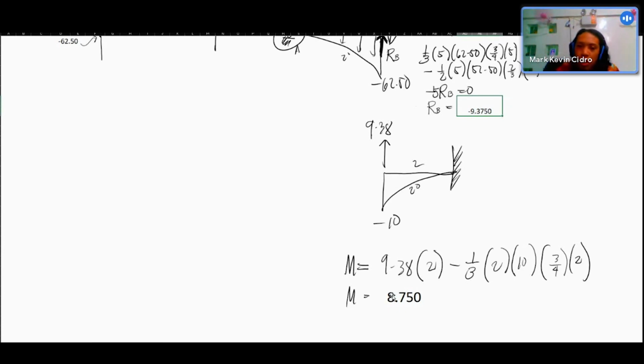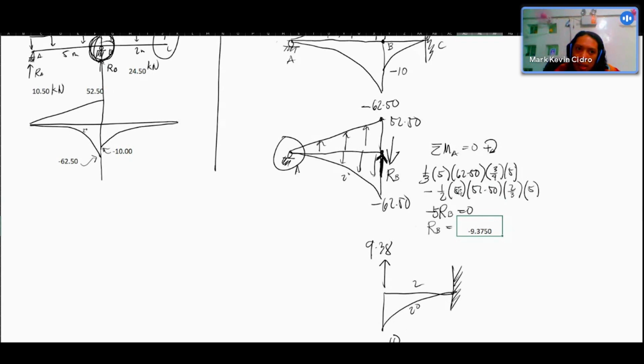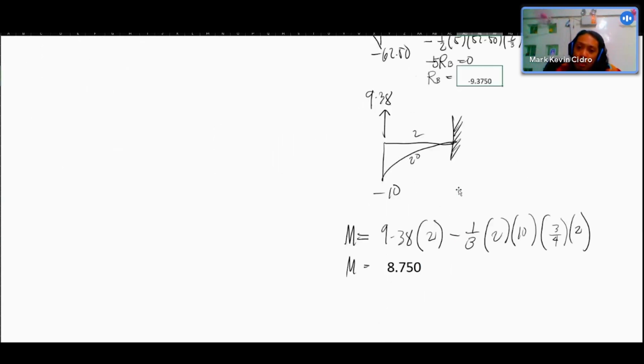So, ganun. Kung ang papabilin is angle of deflection at the free end, ano ang shear?